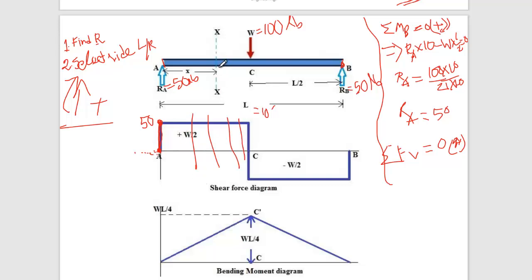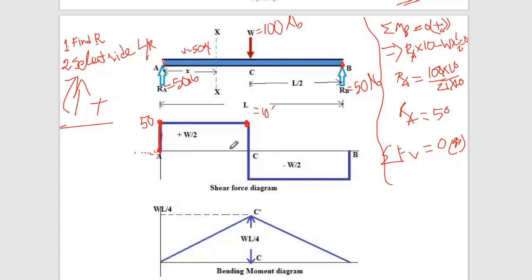You can take a section at point X, you will get V equals to 50. So that means we still do not have any other force to disturb this shear force. That's why we go constant up to the location of W.